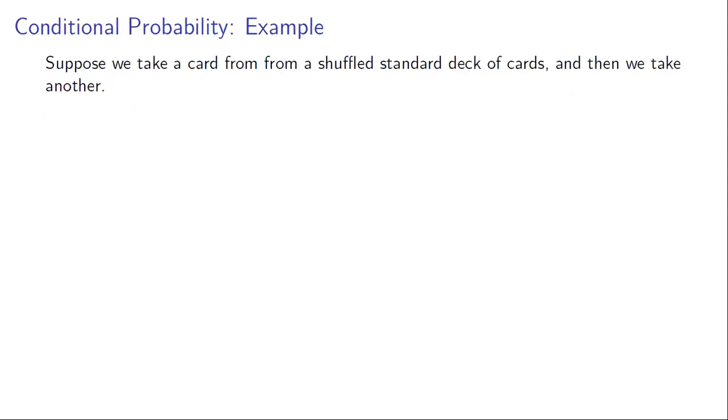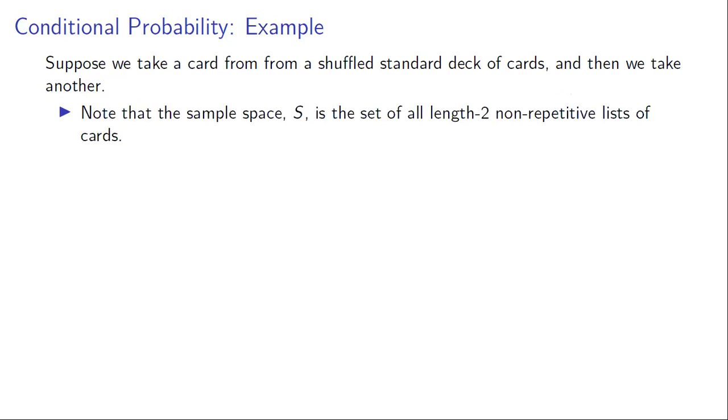Here's an example. Suppose we take a card from a shuffled standard deck of cards, and then we take another. We don't take 2 cards at once, but we take 2 cards in a row, so we care about the order. Earlier we had examples where we took 2 cards as a group and didn't care about order, but here we do. So the sample space S is the set of all length 2 non-repetitive lists of cards.